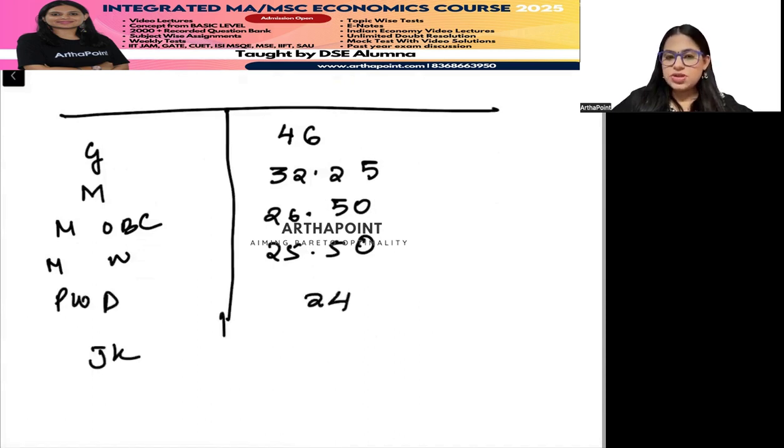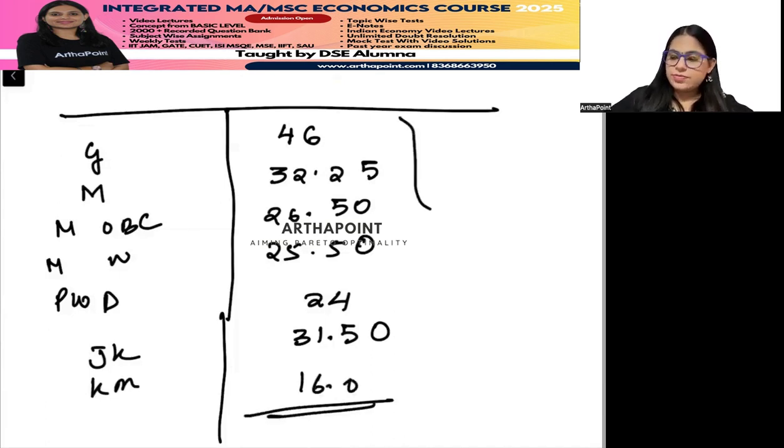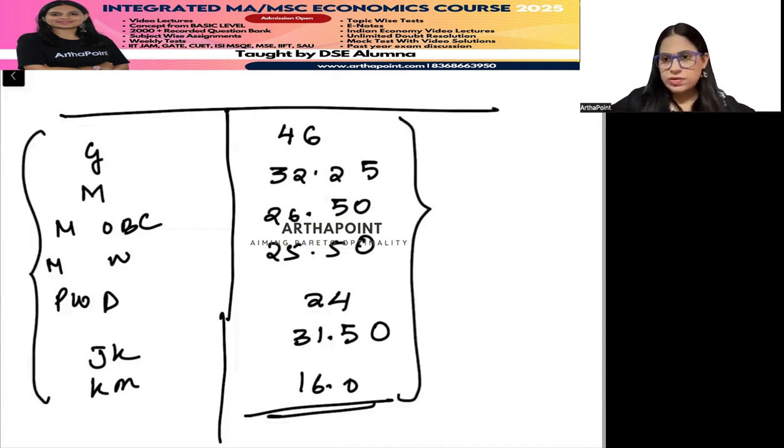For J&K, the cutoff was 31.50. And for KM, the cutoff was 16. So these are the different cutoffs, and the paper is not very tough, as I just told you. It will be a doable paper, and I think you will be able to do well.